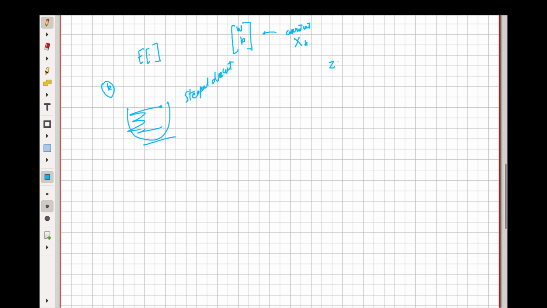For example, it would have input k minus 1, maybe input from 2 steps back, k minus 2, all the way up to our starting point.